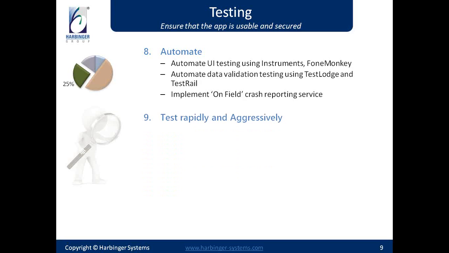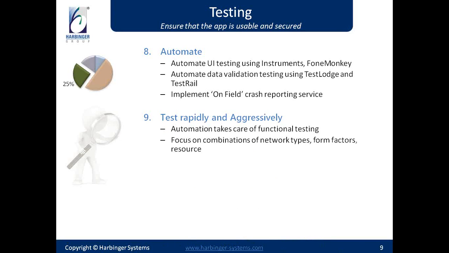Tip number 9 under testing is test rapidly and be aggressive at the same time. You would agree that automation would take care of the functional testing part so that you can now focus on testing different combinations such as network types like 2G, 3G, and even 4G, different form factors like phones with different resolutions and different tablet devices, and at the same time make your app work properly under different resource usage scenarios.